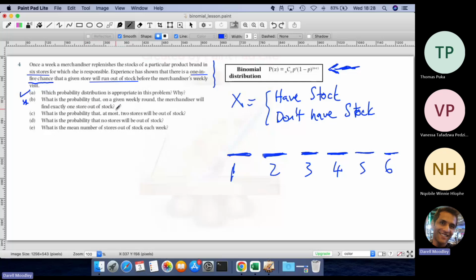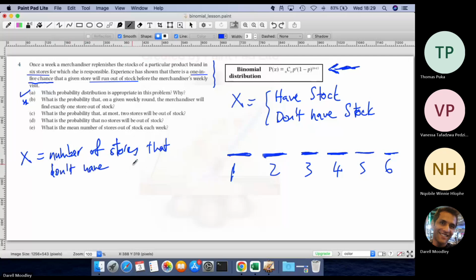In this case, what your X actually represents is the number of stores that run out of stock, that don't have stock. Okay, X is the number of stores that don't have stock.